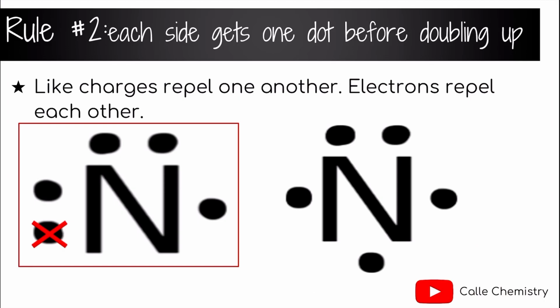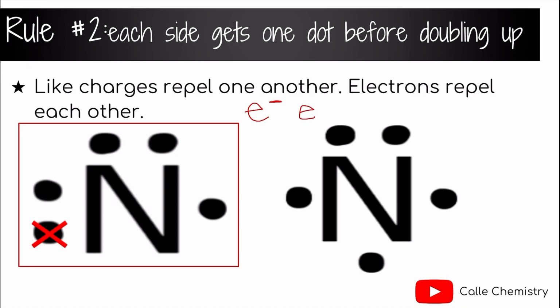Now, let's go back to rule number 2. We applied it in the example that we just saw. Here's an example where it is not applied. Remember, rule number 2 talks about each side getting only 1 dot before you start doubling up. Now, the reason for this rule is because electrons repel one another. So electrons, which are represented by dots in Lewis dot diagrams, have a -1 charge.